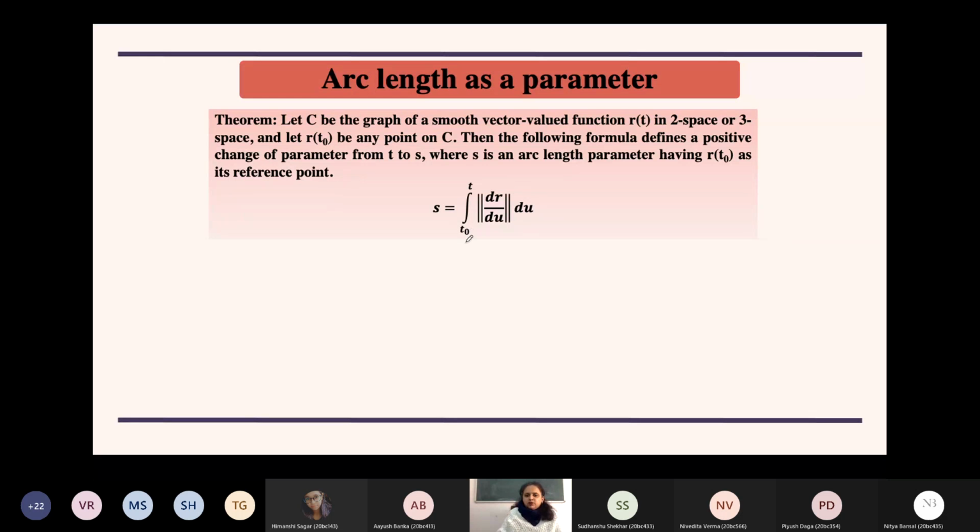When we calculate the arc length, we have specific values of t. Here the lower limit is the reference point, the upper limit is your general t, so that you get the relation between S and T.